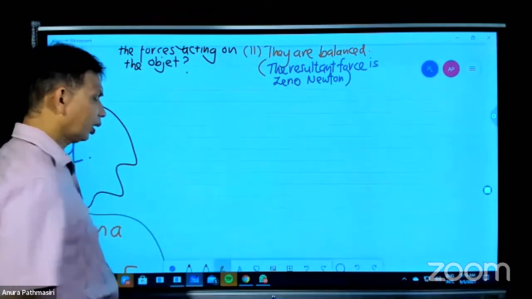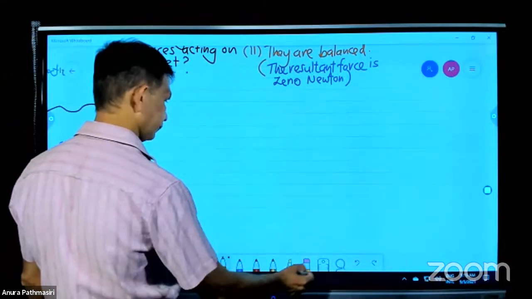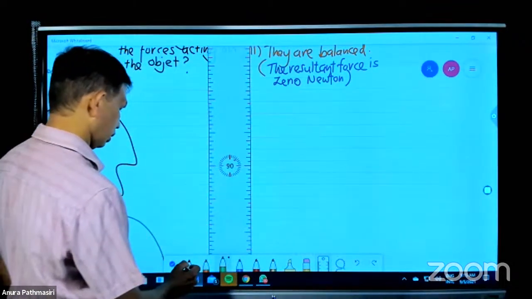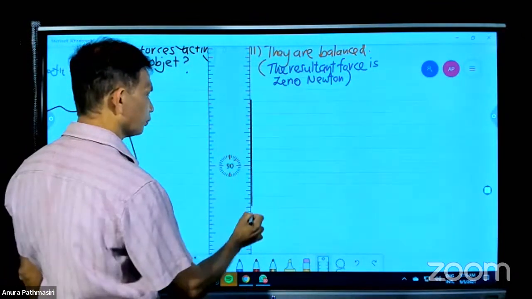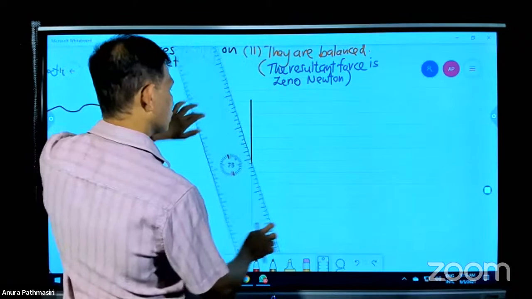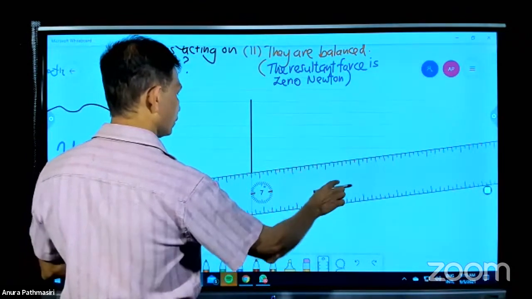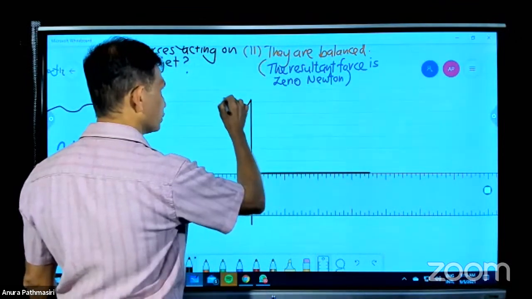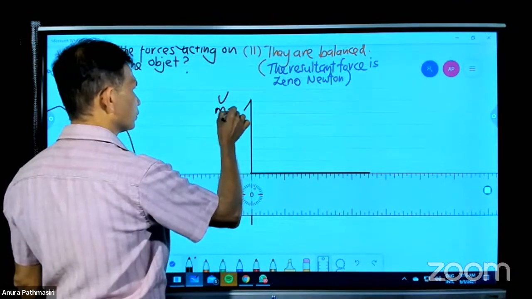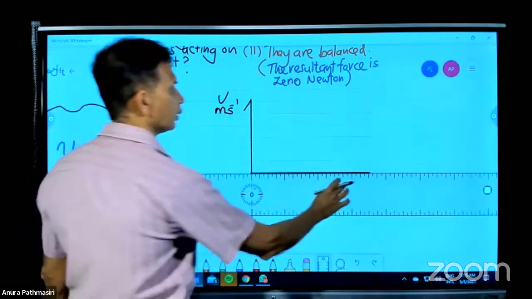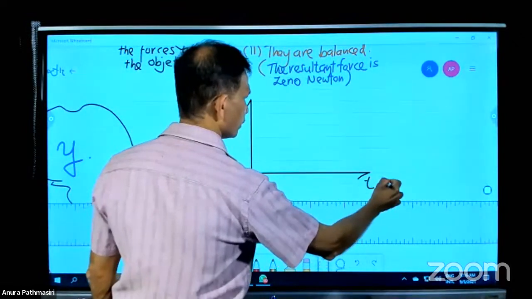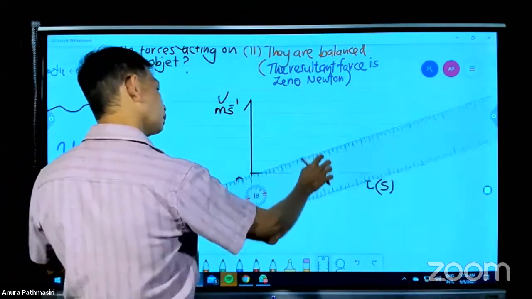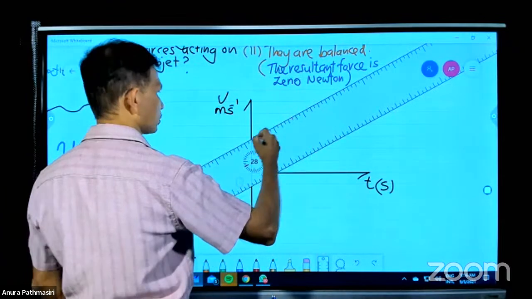Right. Now, look at this object. Its velocity time graph is given. Velocity in meters per second, time in seconds, zero.